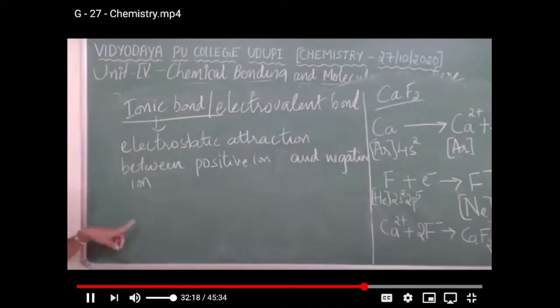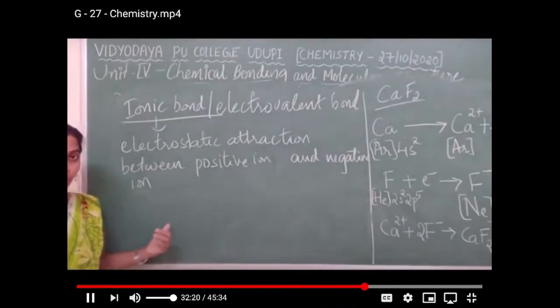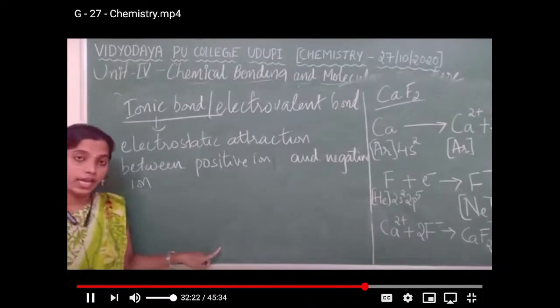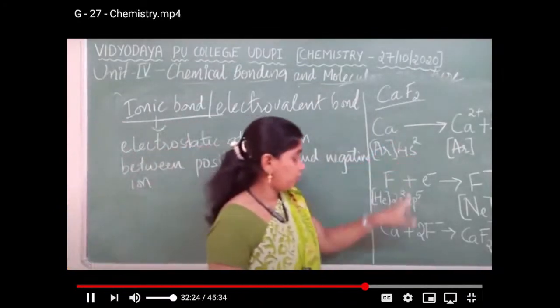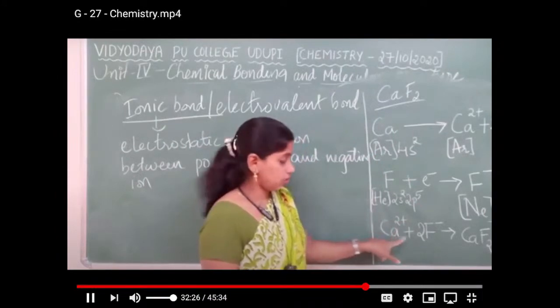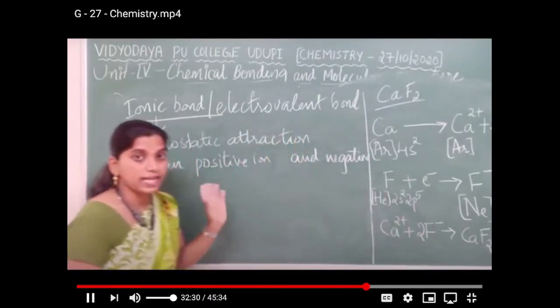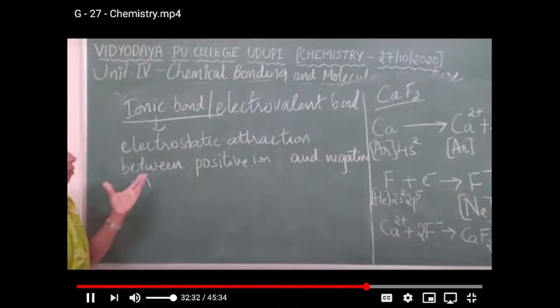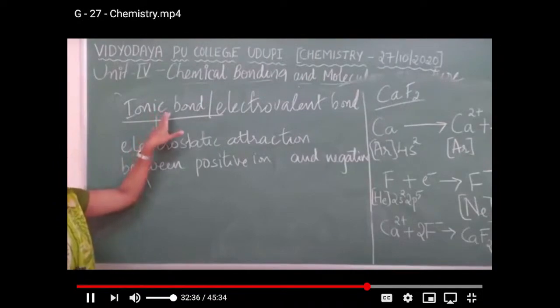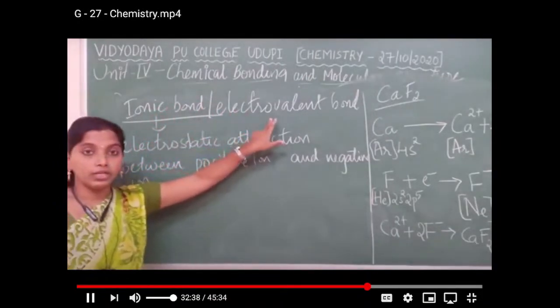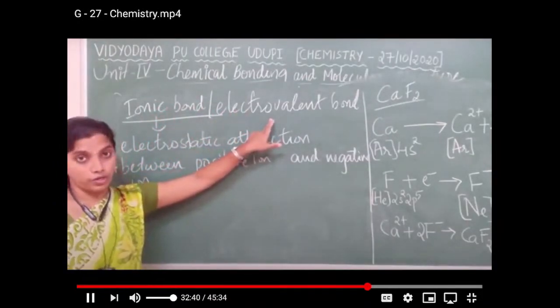So here there is Na+ and Cl-. Sodium is the positive ion, chloride is the negative ion. Here in calcium fluoride, calcium is the positive ion, fluoride is the negative ion. There is an electrostatic attraction between these positive ion and negative ion. That is called as the ionic bond or electrovalent bond.